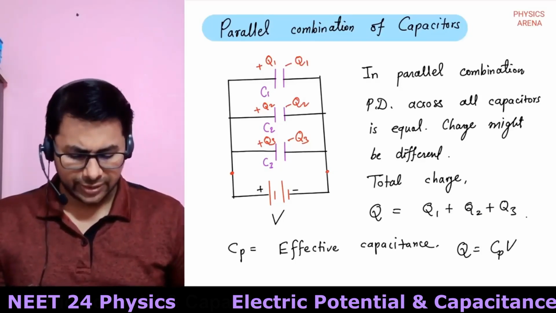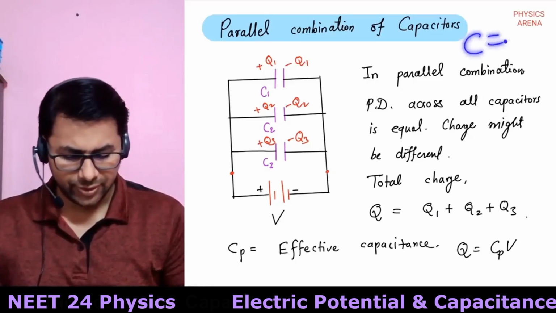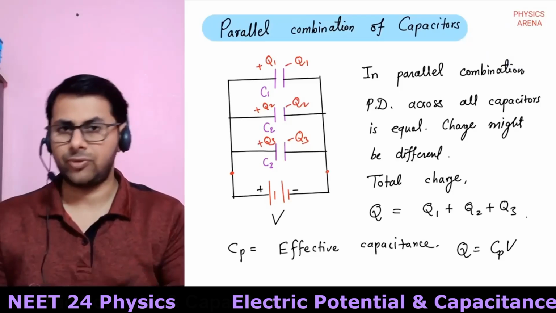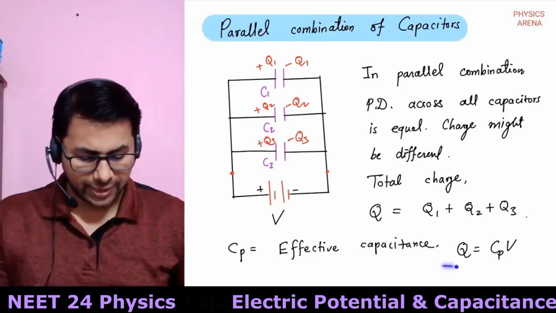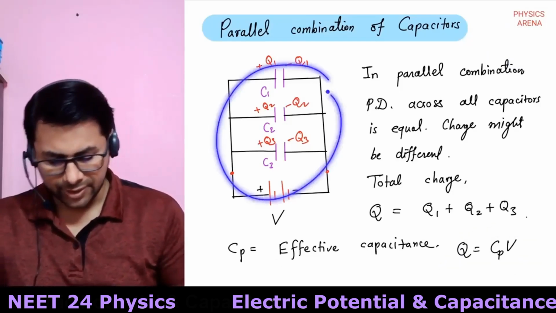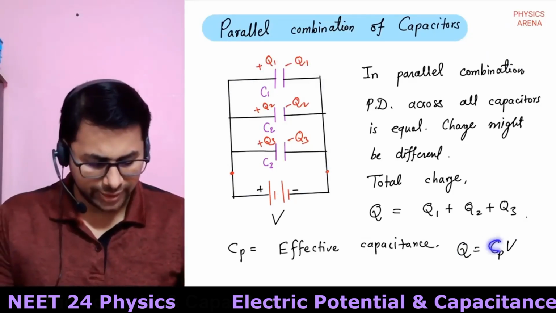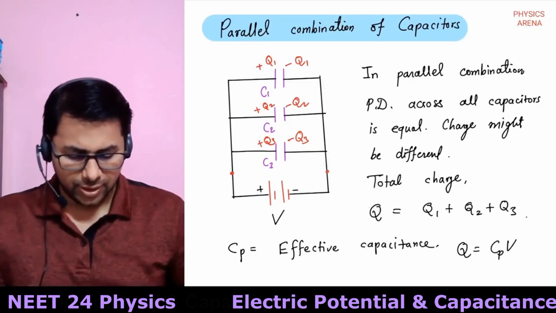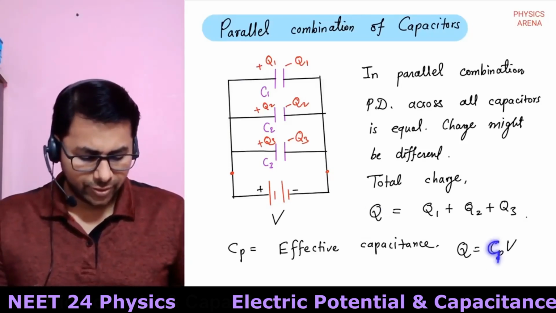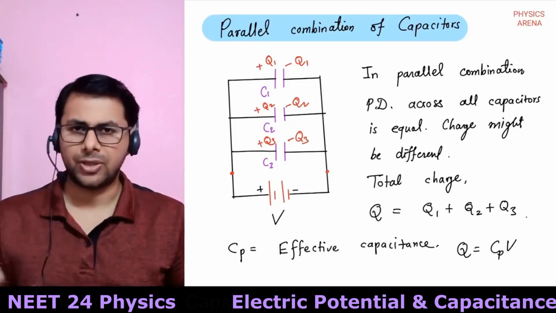Then we can say that C is equal to Q upon V, so Q is equal to CV. If you put that for the total capacitor, we call the total capacitance CP. So total charge is equal to total capacitance multiplied by the potential difference.